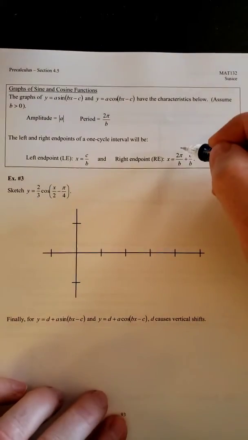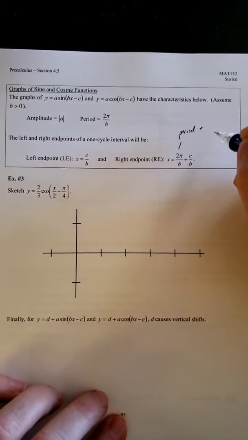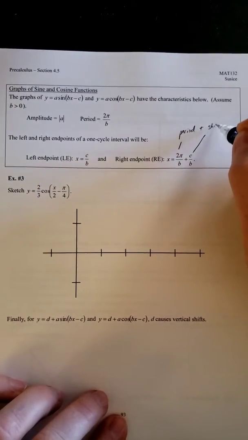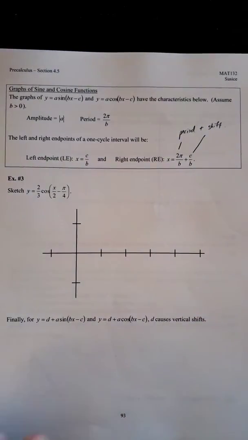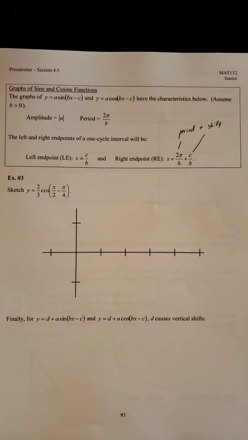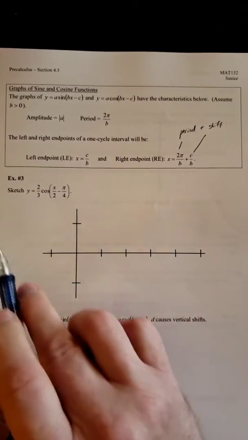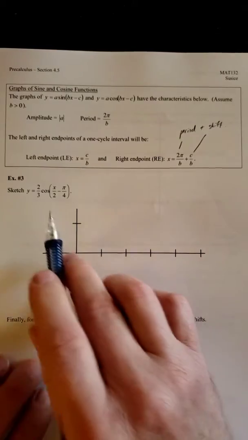Essentially, a way to think of this is the period plus the shift, and that will give you your right endpoint.